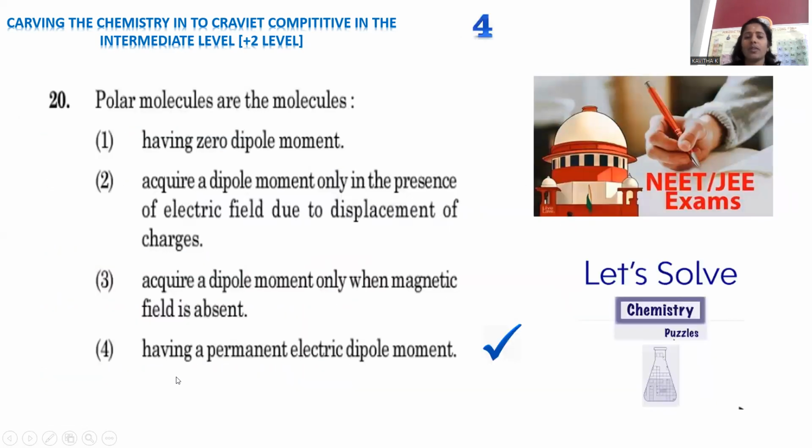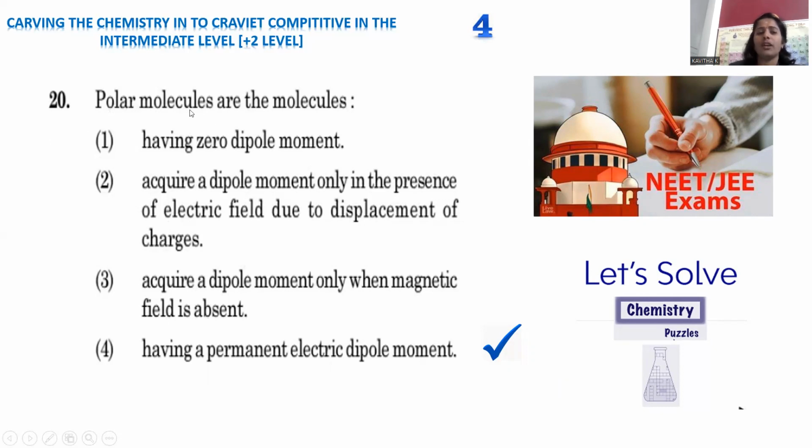Let's move on to question number 4. This question is given from the fundamentals, polar molecules. Types of bonding: here bonds are made up of either ionic, covalent, or coordinate covalent, like that. If covalent bond is taken into consideration, in that a polar bond will be there, and a non-polar bond will be there. Here the question is regarding polar molecules.